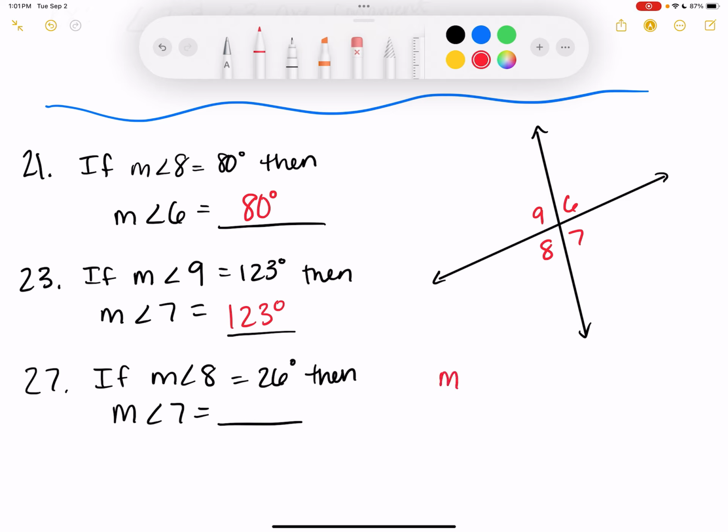Yep, the measure of angle 7 would be 180 minus the measure of angle 8, and in this case we know this is 26. So 180 minus 26 would be 154. So 154 degrees would be that angle there. Questions on those?